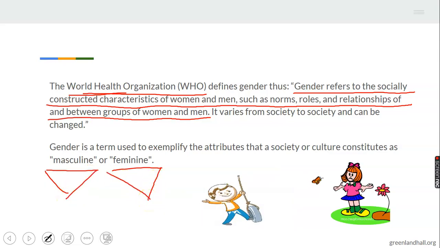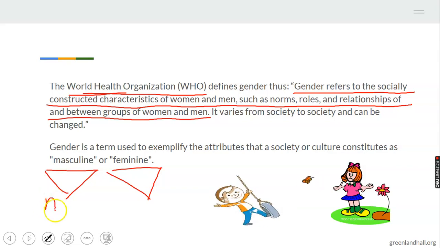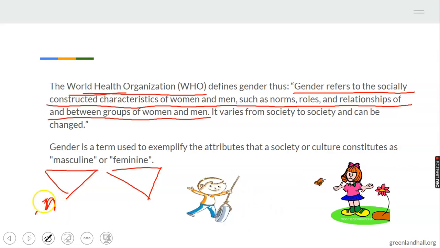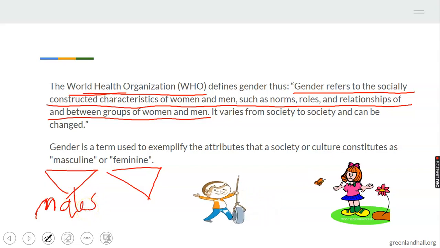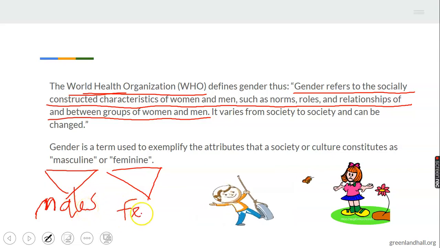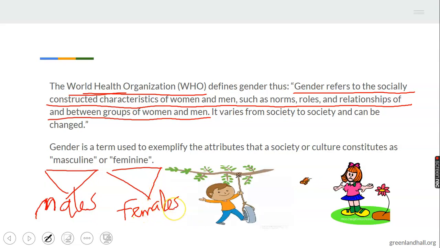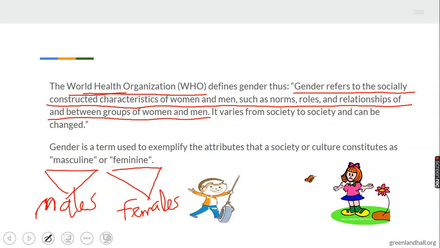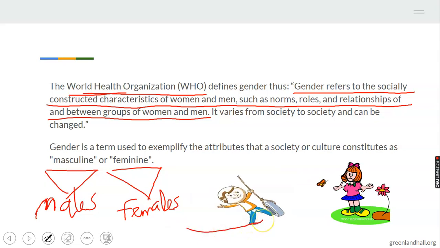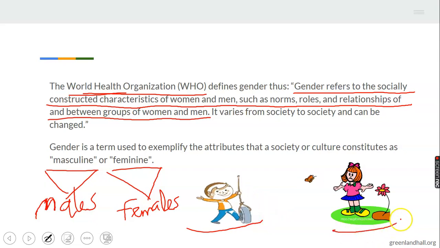It is the males, the boys and the men that are regarded as masculine, while the feminine has to do with the females. So as you can see on the screen, this is a picture of a boy and this is a picture of a girl. They are the ones we want to focus on today, masculine and feminine.